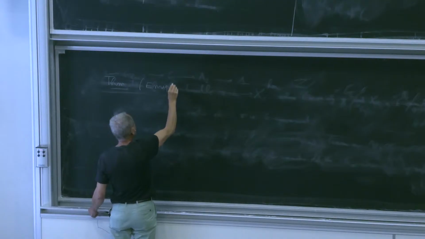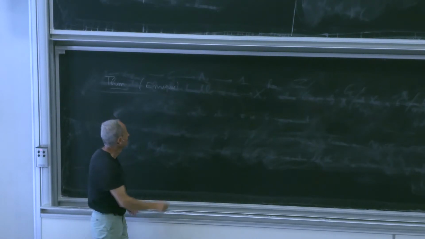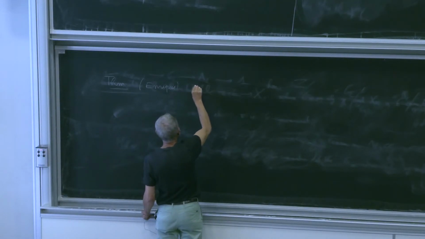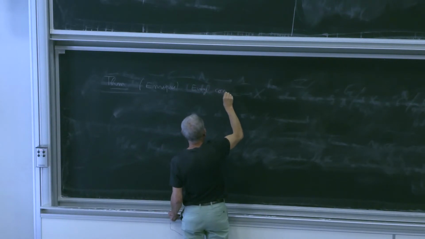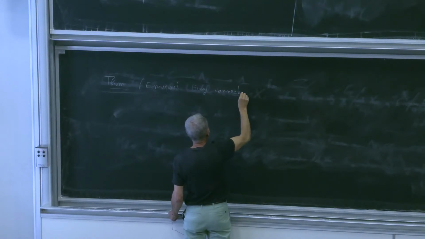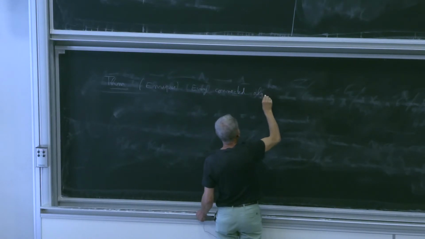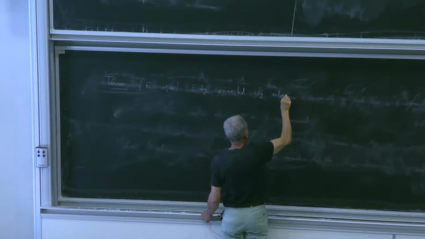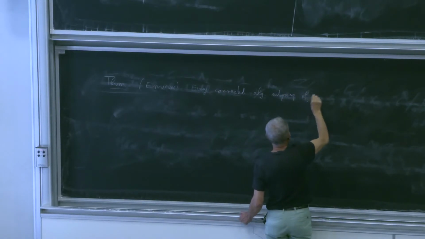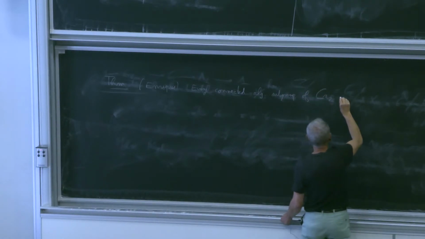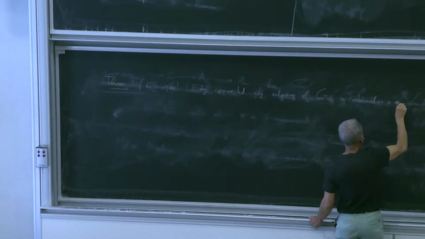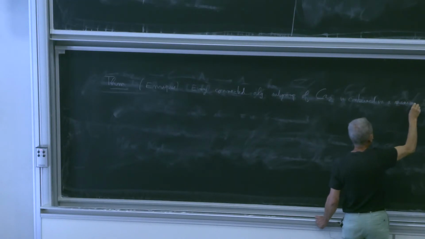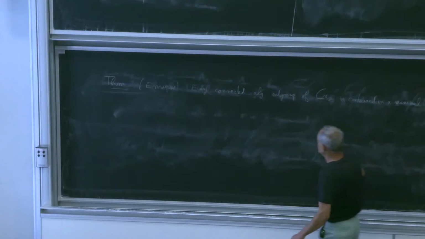First of all, every connected algebraic subgroup of Cr_2 is contained in a maximal one. That's the first point.